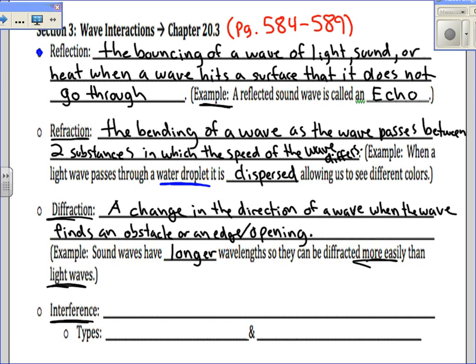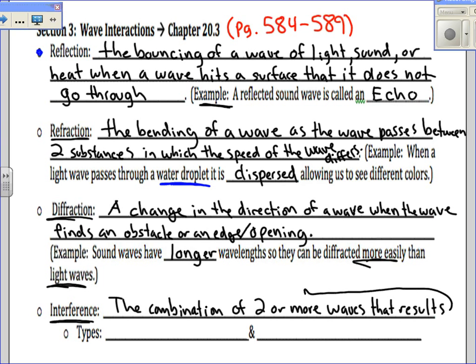Okay, the last one is interference. Now, interference is the combination of two or more waves that results in a single wave.